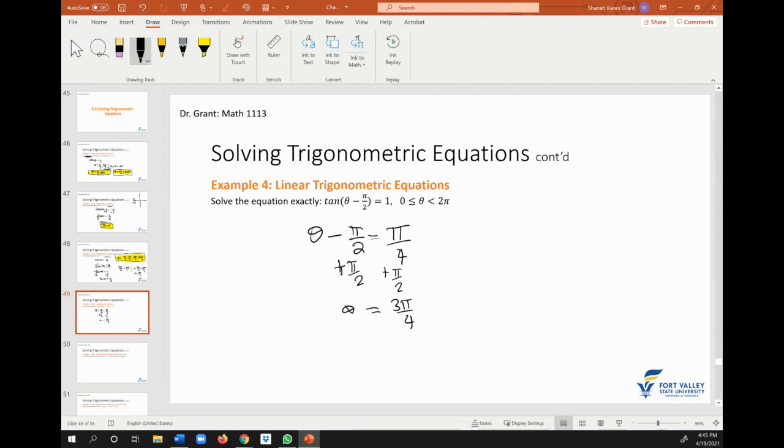But we're not only looking for one theta. We're looking for theta that's where? Between 0 and 2 pi, okay? And so the first one is, of course, 3 pi over 4. Now we will have another theta that will give us the same solution.